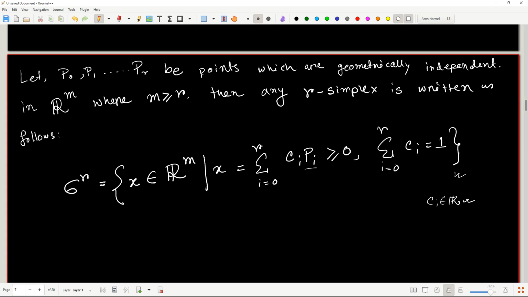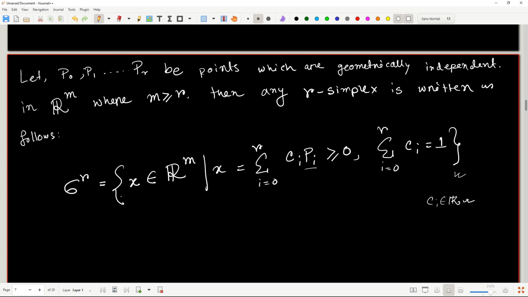This is how we are denoting the r-simplex. If you realize, this r-simplex is actually a set.